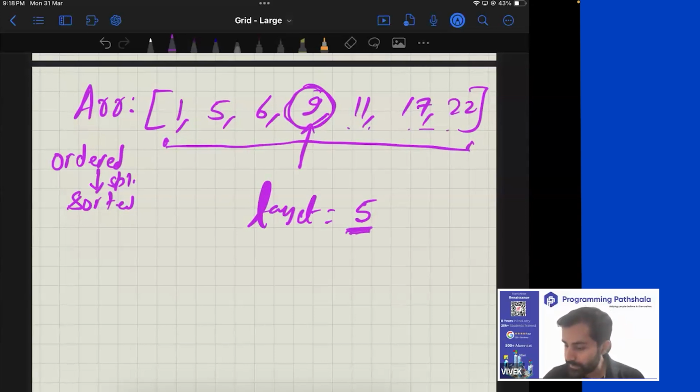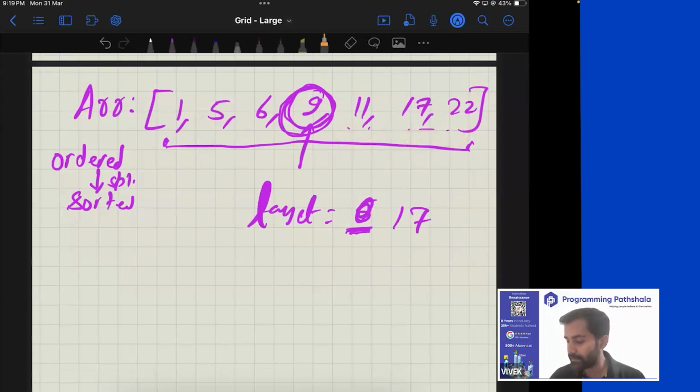So you now focus in the left side. Correct? But on the other hand, imagine your target was not 5. Imagine your target was 17. Then after hitting this middle element, you would have told yourself that, hey, everything behind 9 is smaller than 9. So I'll not waste my time there. I'll focus in the right side.